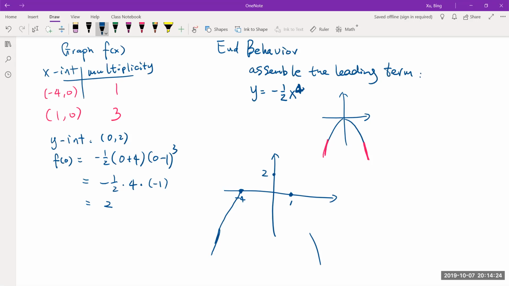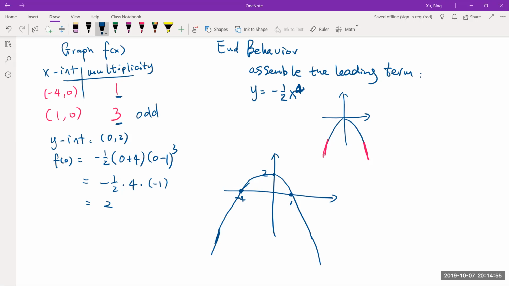Am I passing it or touching it? Well, based on the multiplicity, it's odd, right? You have to pass it. Well, somehow you have to go back here again, right? And then somehow you have to go back to this x-intercept 1. We're passing that x-intercept because the multiplicity here is also odd. Right? If it's even, it will go up, but it's odd, it will go down.